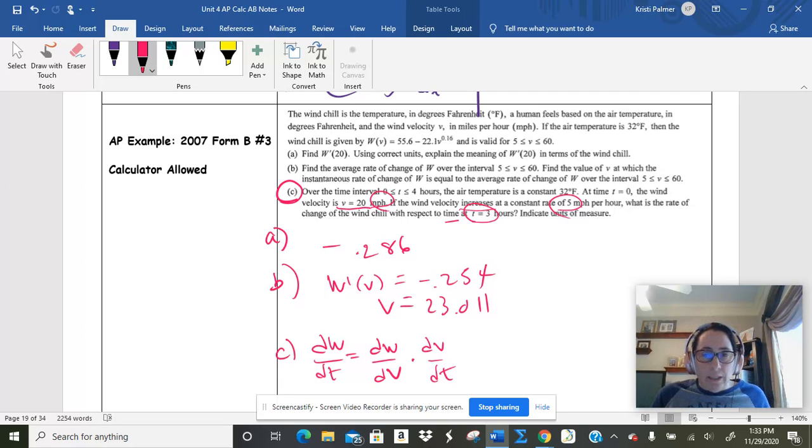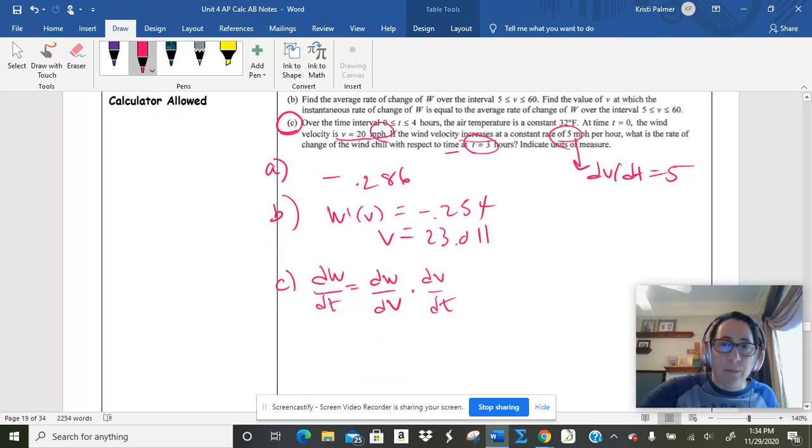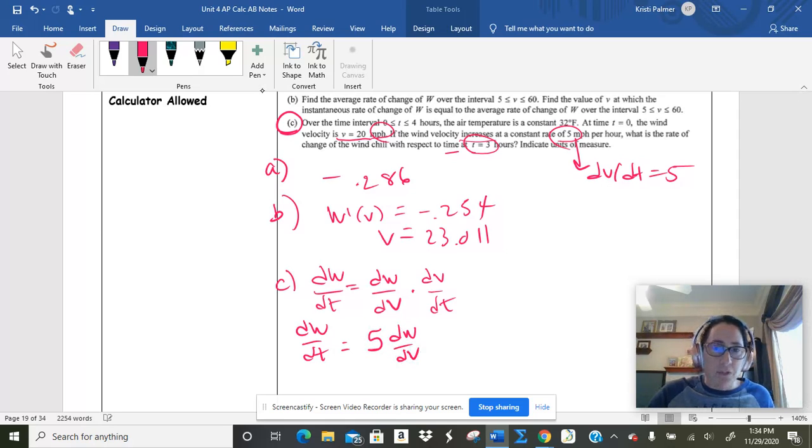Well, they told me a couple things going on. dv dt right here is a constant of 5. So I know that this is going to be 5 dw dv, just rearranging.